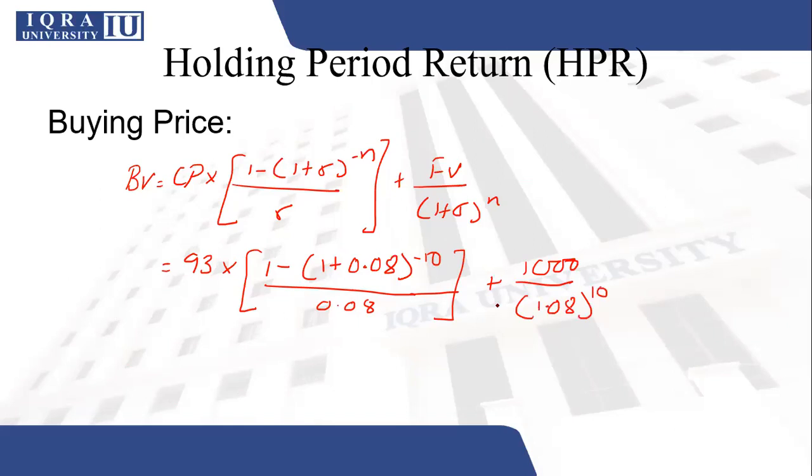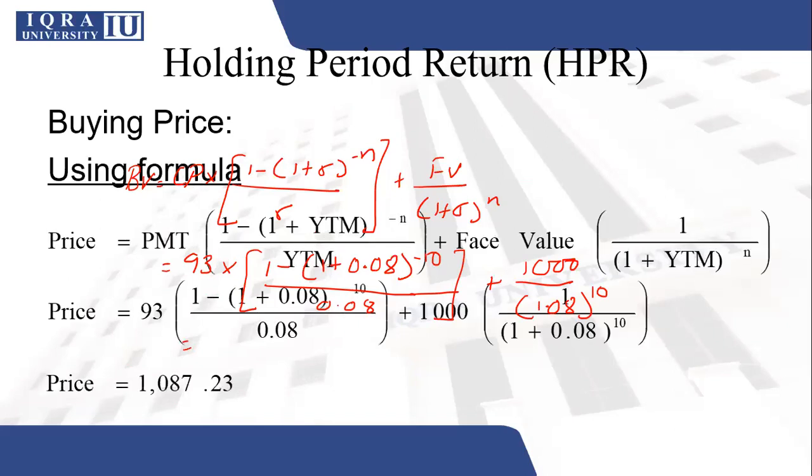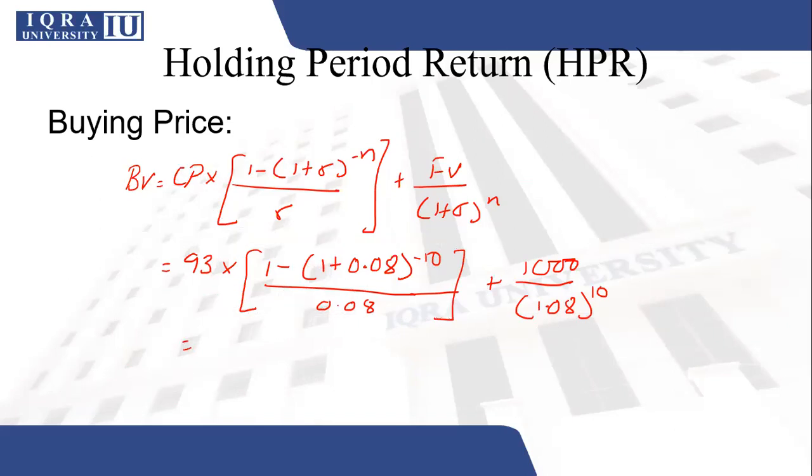So you're supposed to solve this. If you solve this, the buying price, the price of the bond at time 0, is going to be 1087.23. This is the price at which you will have to buy the bond. This is the bond value right now at time 0.